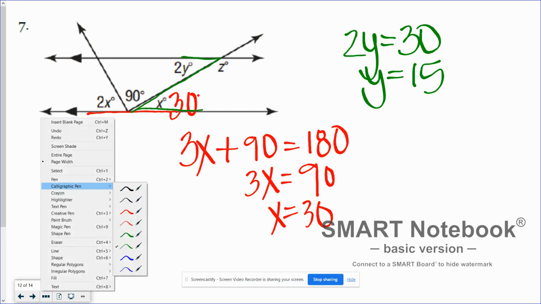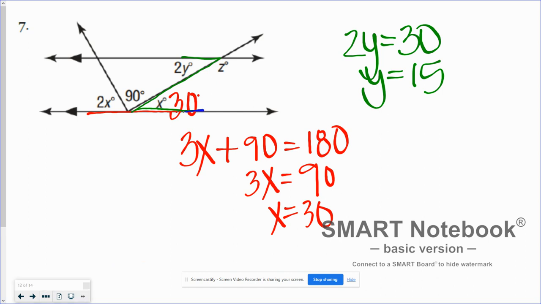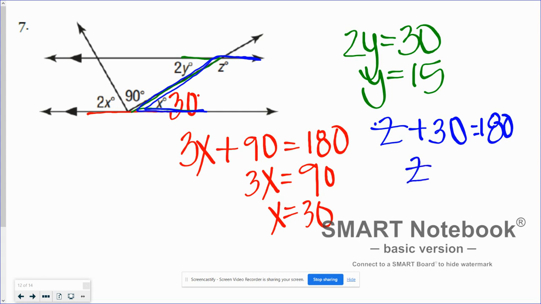You see a relationship with z? That's right. This angle x and this angle z are same side interior angles. Same side, sup. So z plus 30 is equal to 180, which means z is equal to 150.